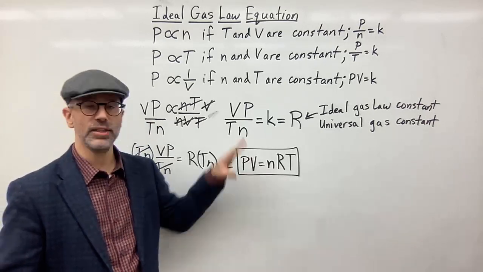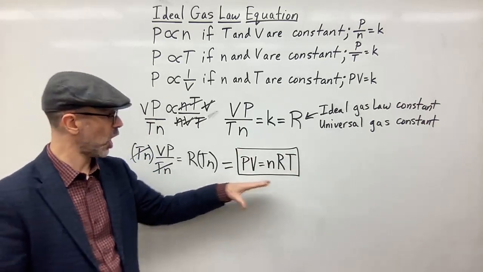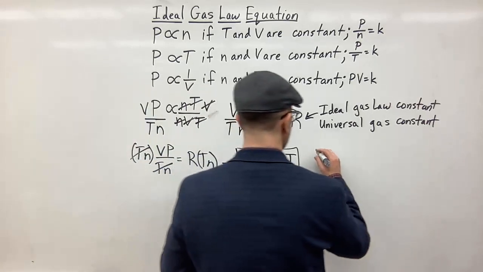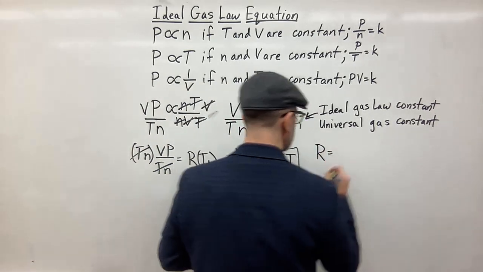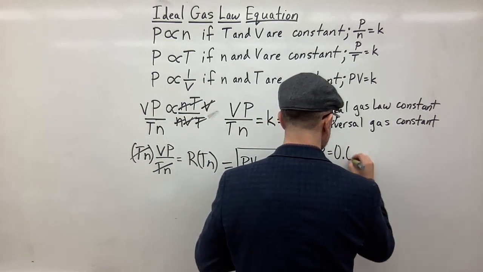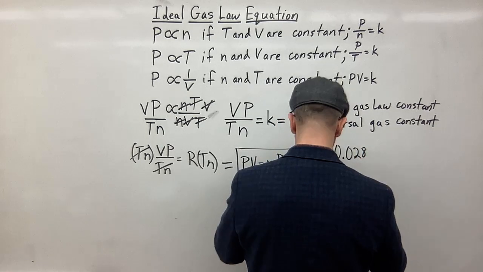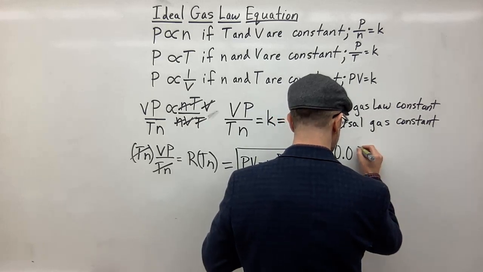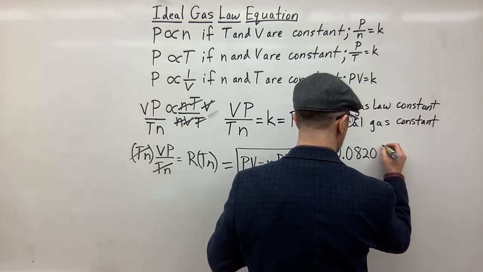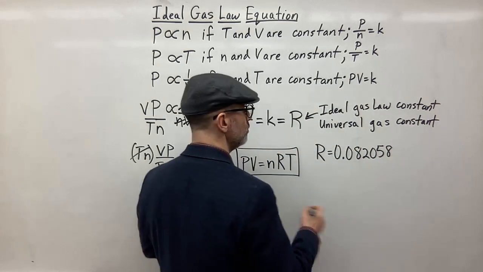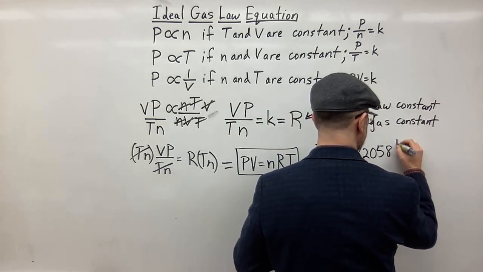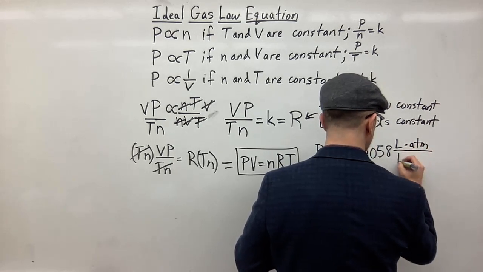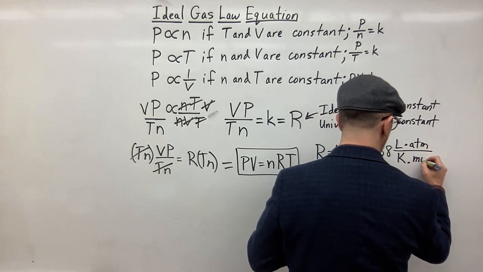Now, before I get into solving problems, let me talk about the R constant. There are a couple of values that you can use for R. R can be equal to 0.08206, and the units would be liter atmospheres over Kelvin mole.